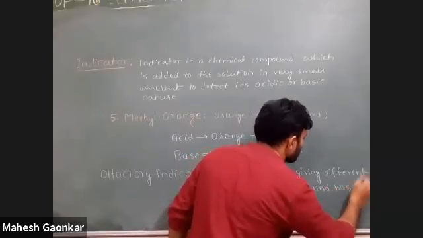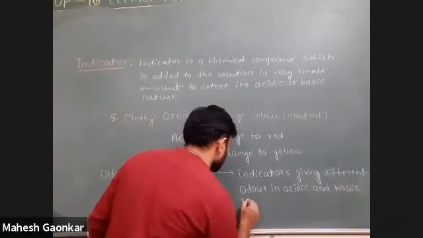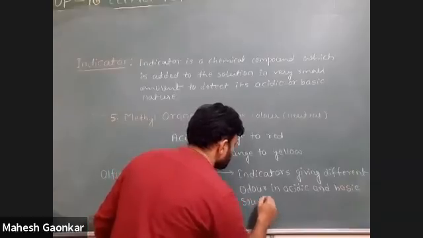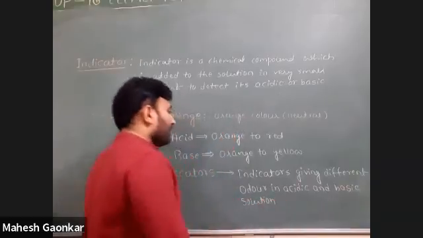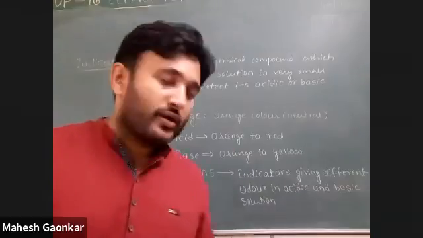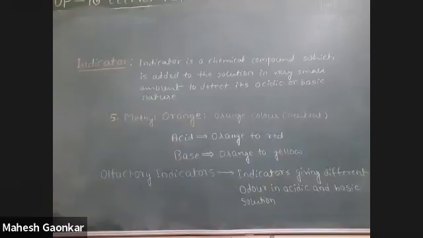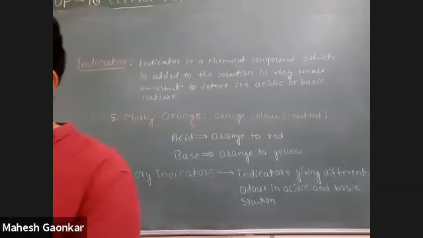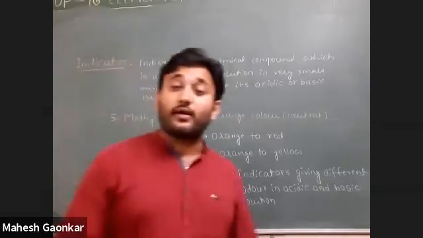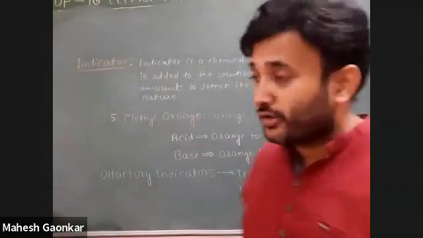Indicators giving different odor in acidic and basic solution are called olfactory indicators. Similarly, vanilla, you can write down onion cloves and vanilla essence.